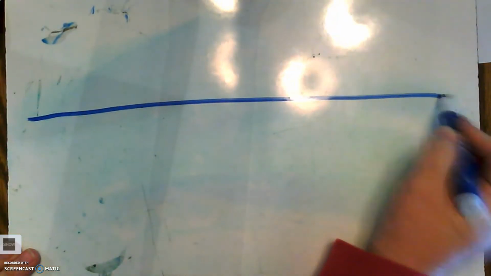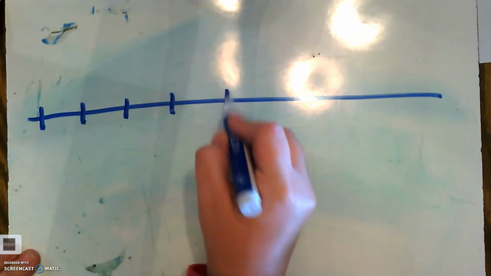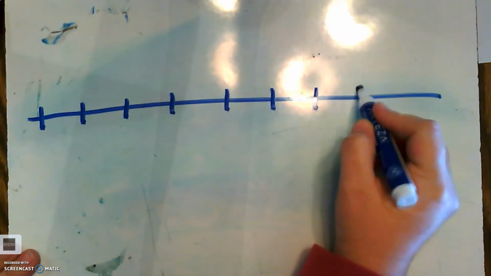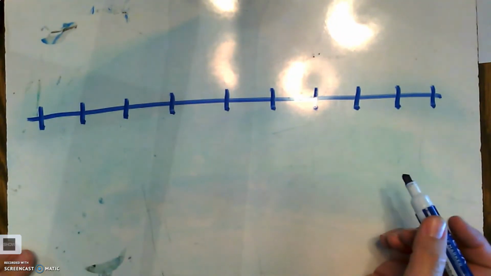So, when you make a number line, it is just that. It is a line that goes straight across, and then there are hash marks or tick marks where you leave space in between so that you can move up and down the number line.